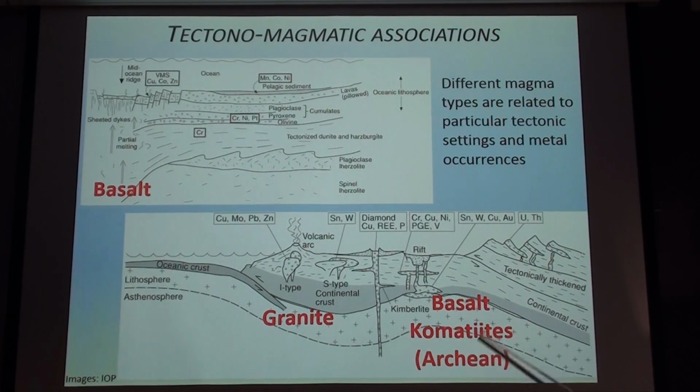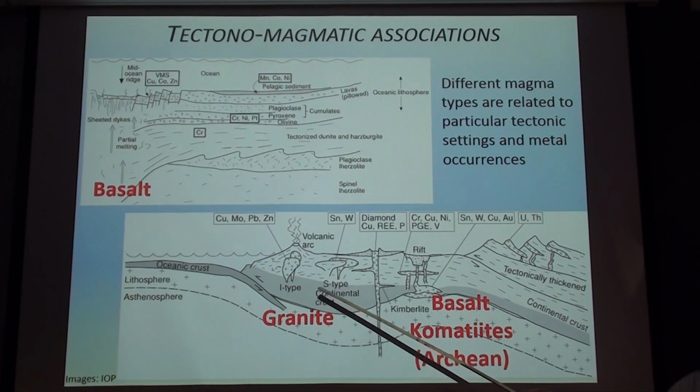And in the past, again, this term, komatiites, which do not occur today, they occur mostly in the Archean, and we will come to that in a few slides. Granites instead tend to be associated with arcs and orogenic settings.